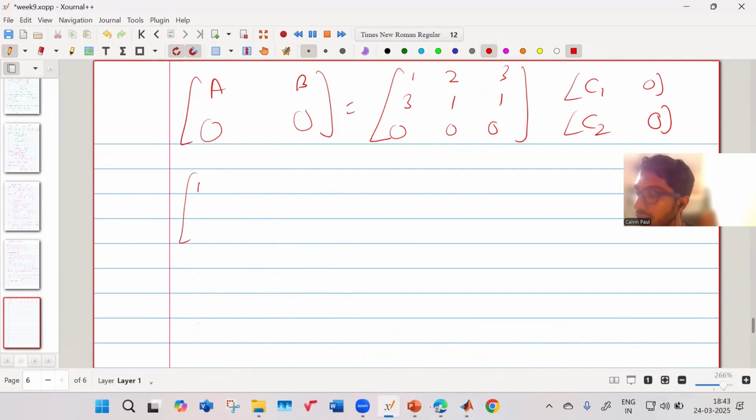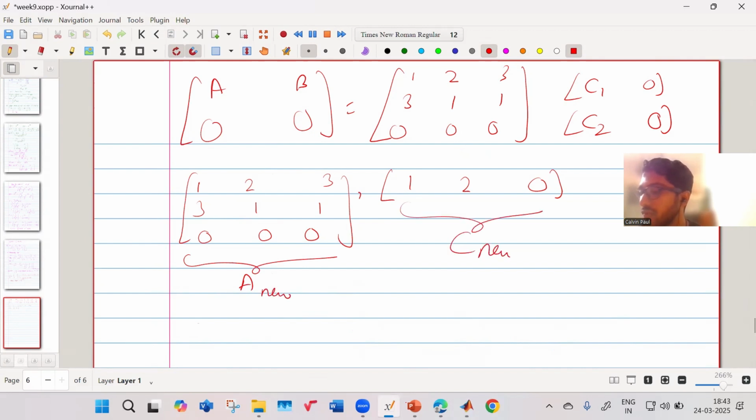We have 1, 2, 3, 3, 1, 1, 0, 0, 0 with C1 0. C1 is 1, 2, 1, 2, 0. We have to find the observability index of this, so this will be considered like our A new, and this is our C new.